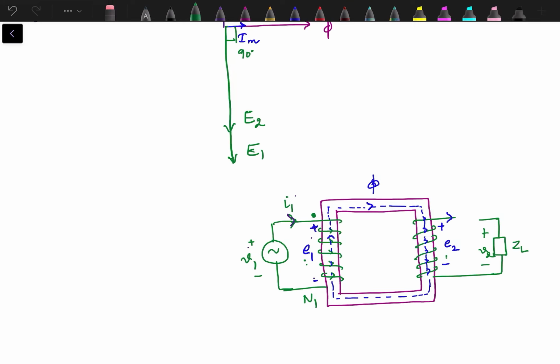So this switch is now closed and I2 will start flowing over here. So when I2 starts flowing over here, what will happen?